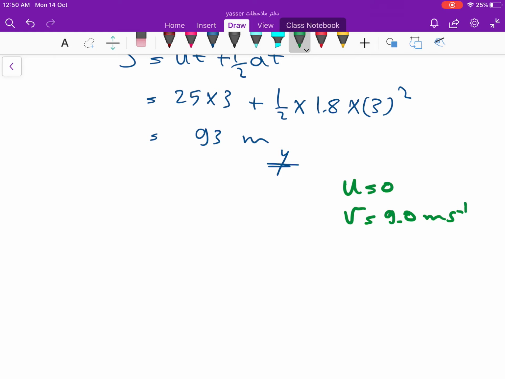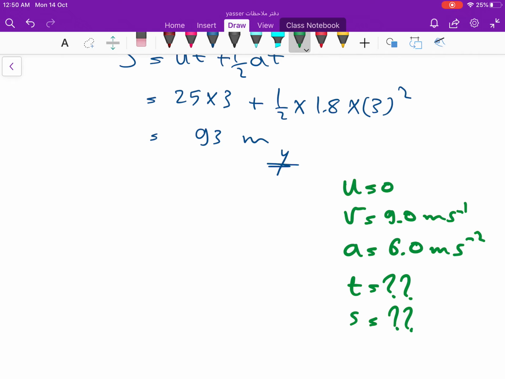The acceleration is 6.0 meters per second squared. For how long does she accelerate? He's asking for the time. What distance does she cover in this time?